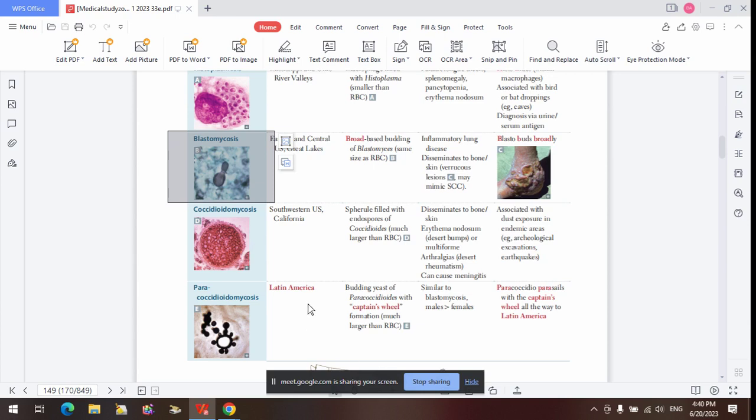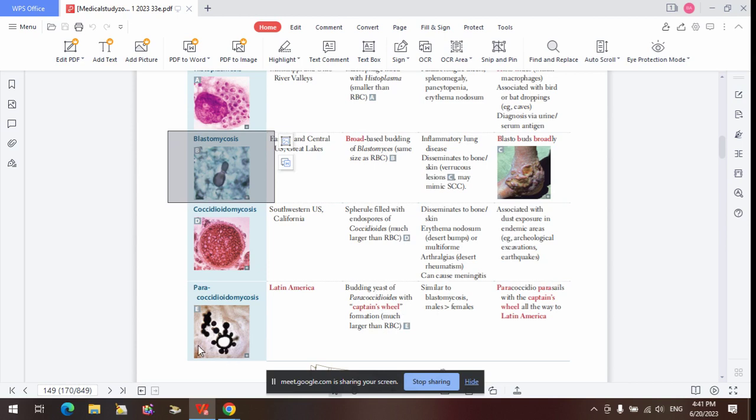So if you go to Latin America, like maybe Argentina, South American countries, they can get exposed to paracoccidioidomycosis. The clincher for this one is that you are going to see budding yeast that has a captain wheel appearance.